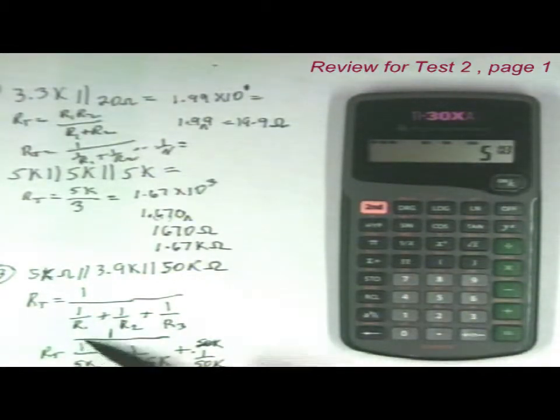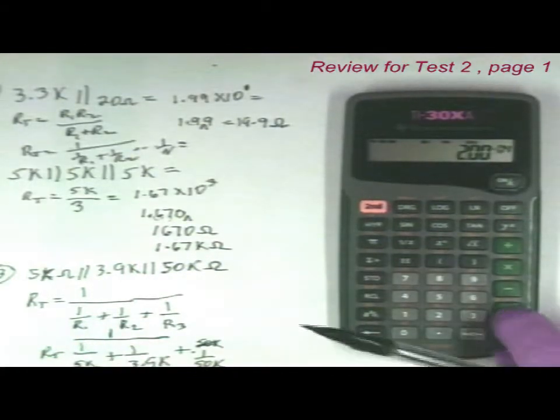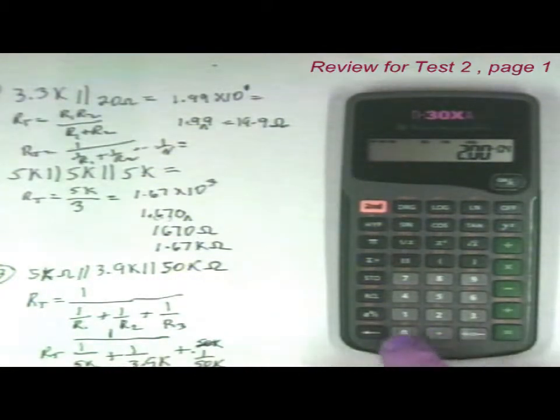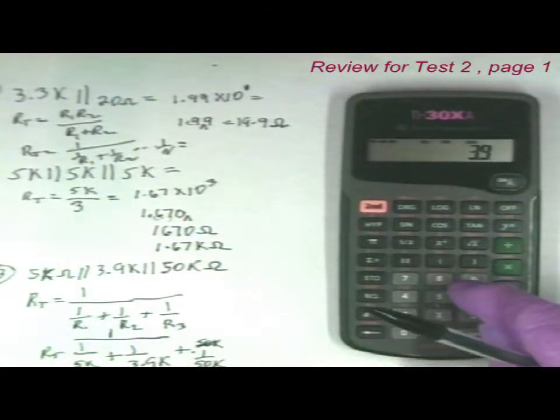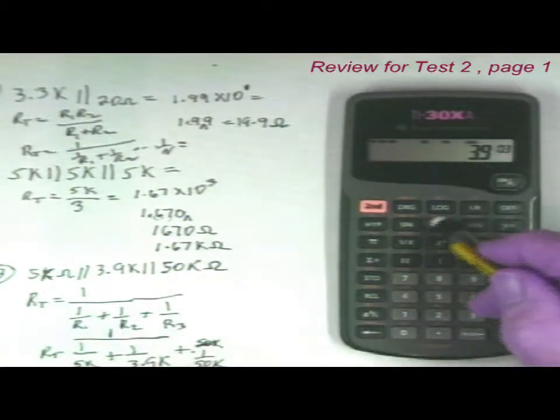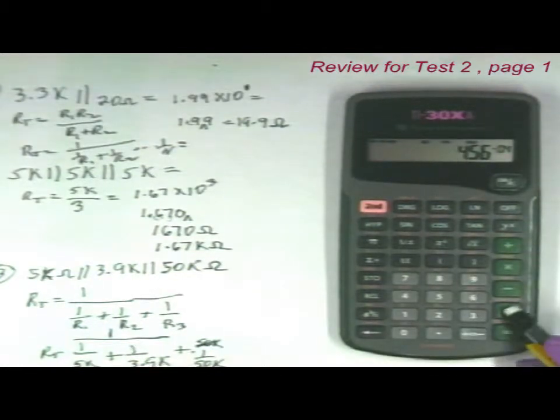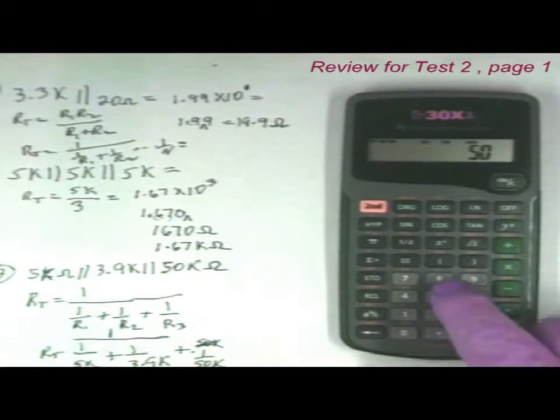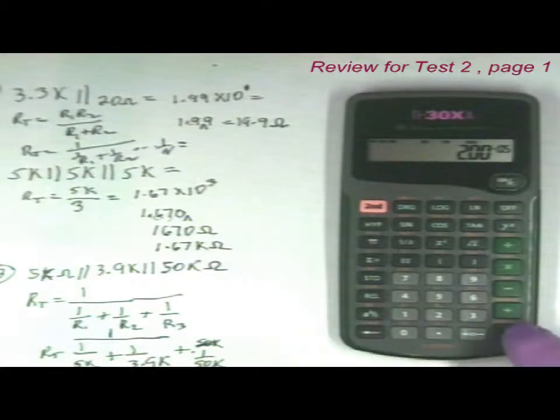Now, I've got to take the reciprocal of that. So I take the reciprocal, and then I say plus, 3.9 double E3, that's 3.9K. And again, I've got to take the reciprocal, plus 50 double E3 reciprocal equals.